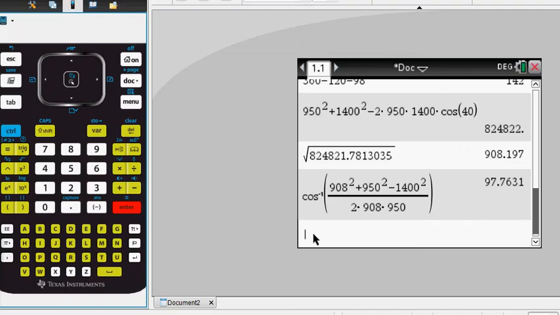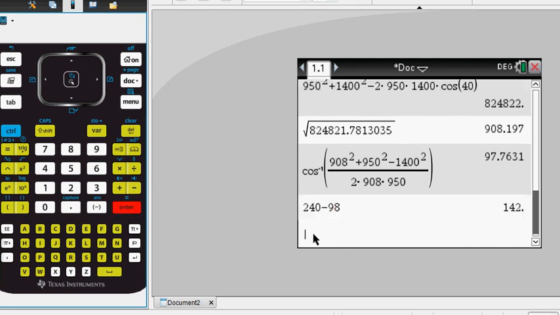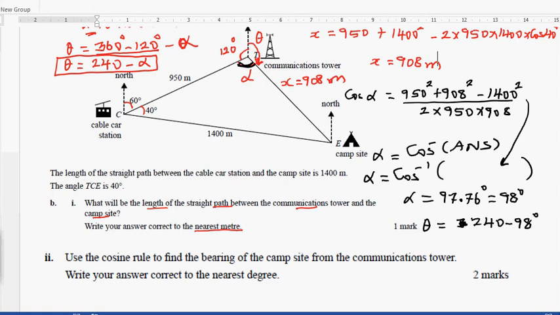Okay, again let's use the calculator. 240 minus 98 degrees is 142 degrees. So we can say theta, which is the bearing, is going to be 142 degrees. So this will give you 3 marks.